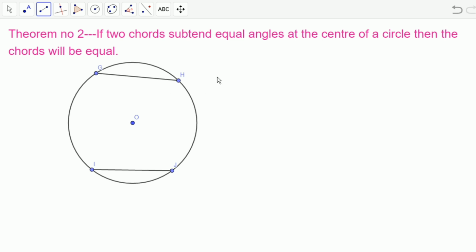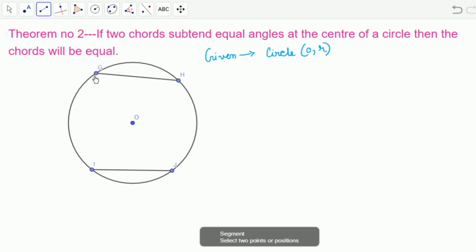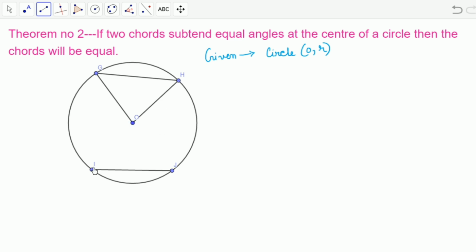Now let's write the given first. So given, a circle which has a center O and radius R, right? Also it is given that the two chords subtend equal angles at the center.